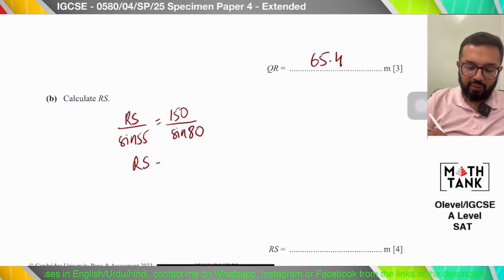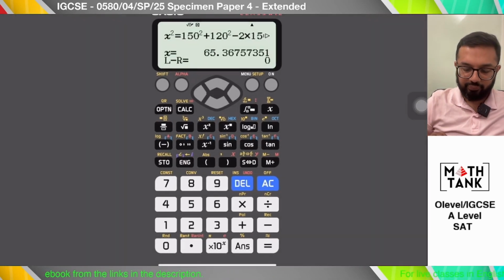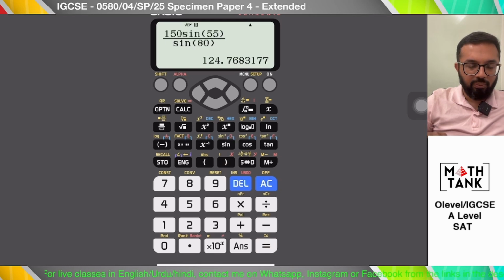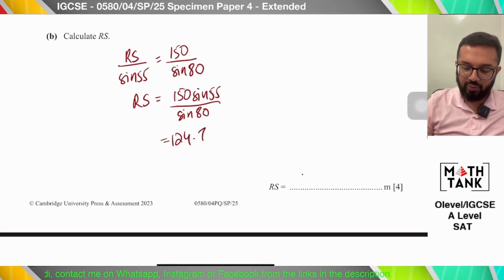So RS is basically 150 sine 55 divided by sine 80. 124.7. Correct to three significant figures, I'm going to have 125.